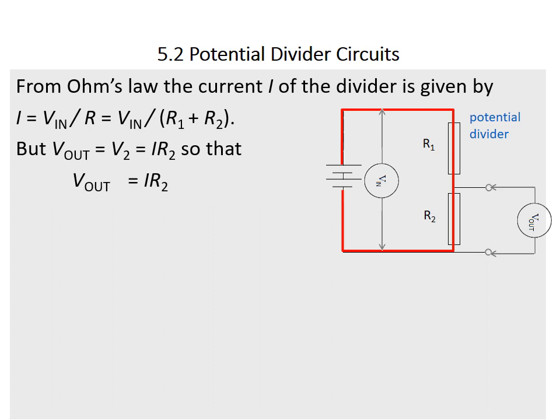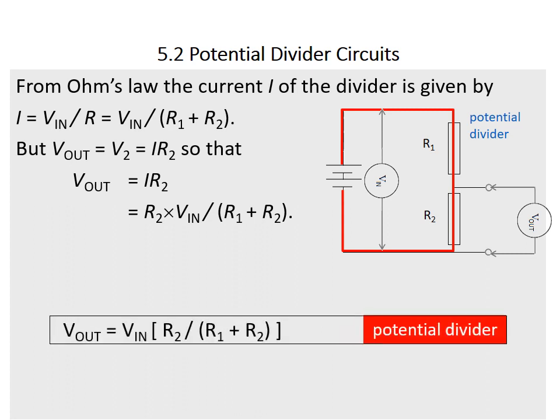And the second resistor value times the input voltage divided by R1 plus R2 equals the output voltage. So this is the equation for a potential divider. You might consider adding this to your data booklet. That way it can help you on future exams.